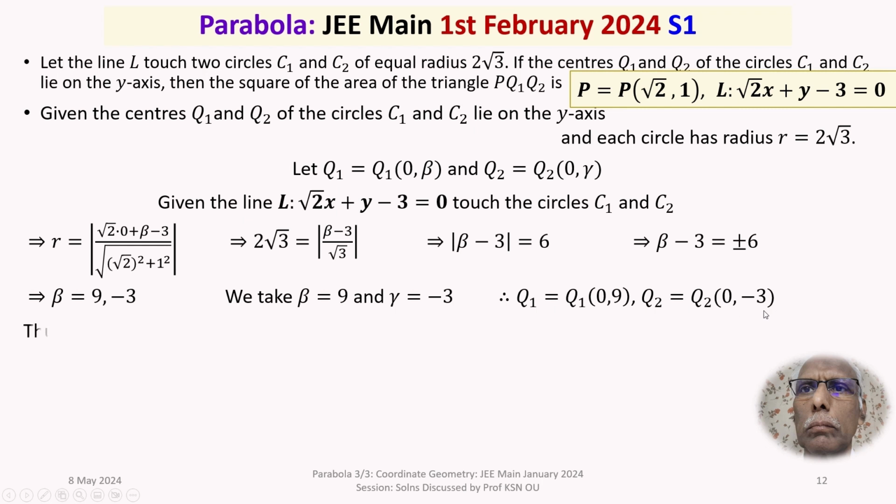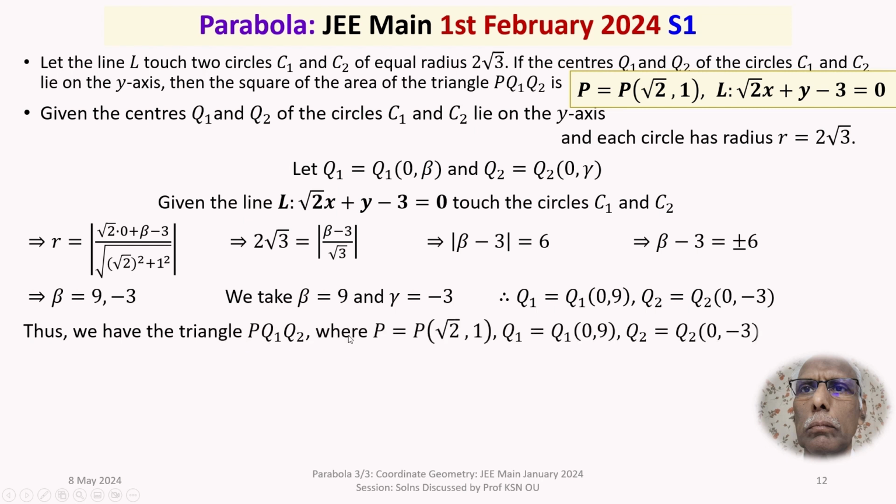So thus we have the triangle P, Q1, Q2, where the coordinates of P are known, (root 2, 1) from the first part, the coordinates of Q1 are (0, 9), and the coordinates of Q2 are (0, minus 3).